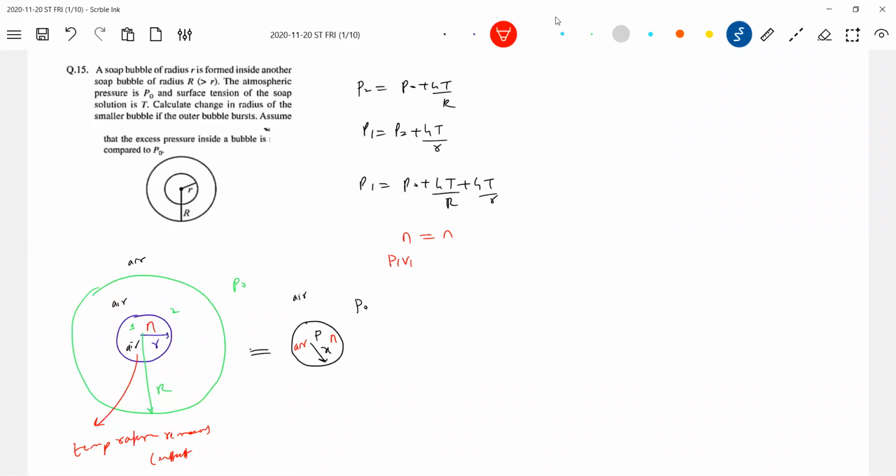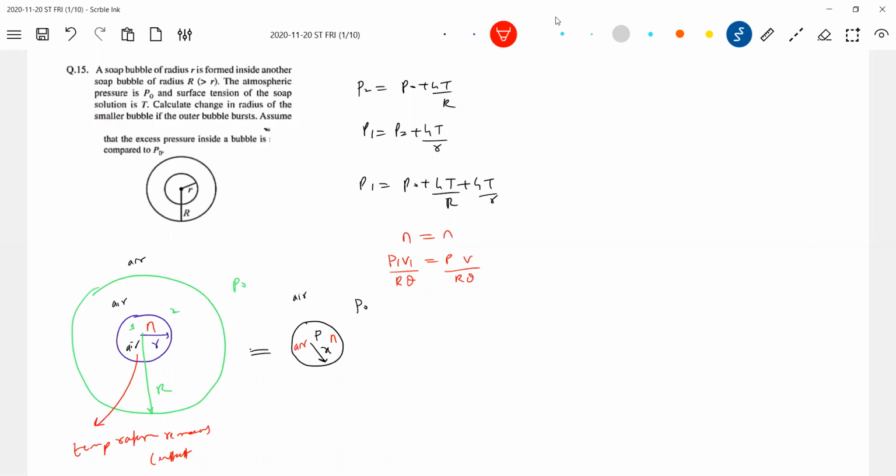So what is N equal to? P1 V1 by R into temperature theta. Capital T we took for surface tension, so some other symbol, theta I will write. So P2 V2, this will be P into volume V, over R theta.